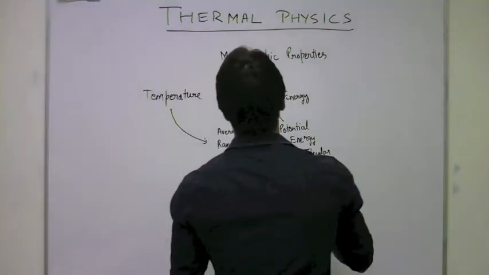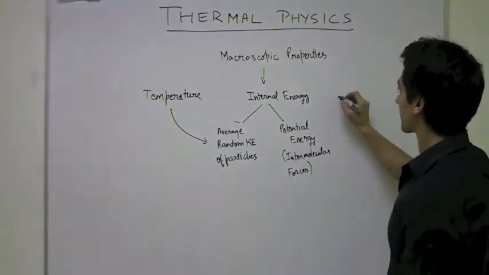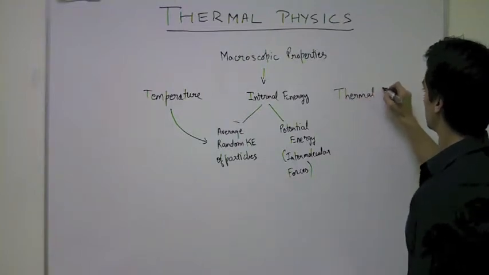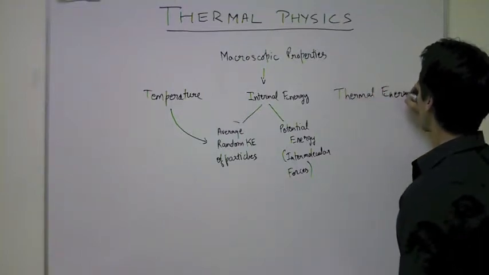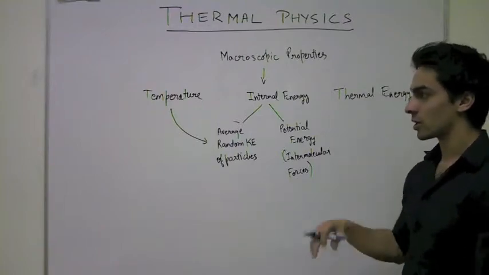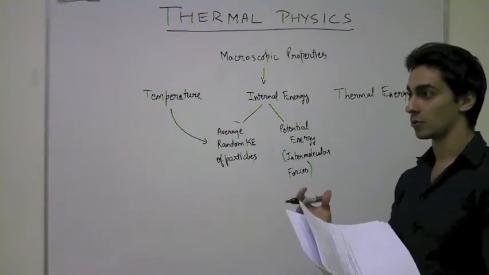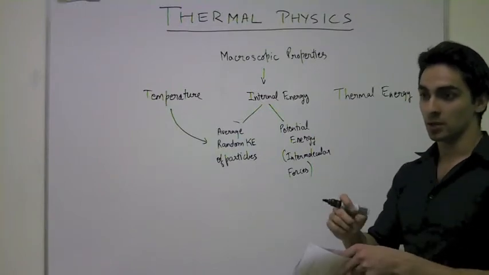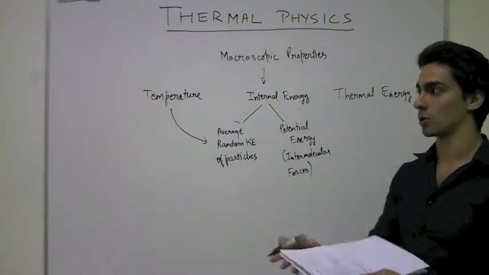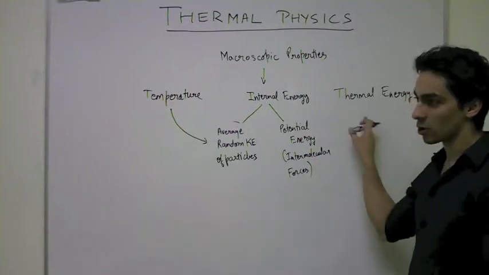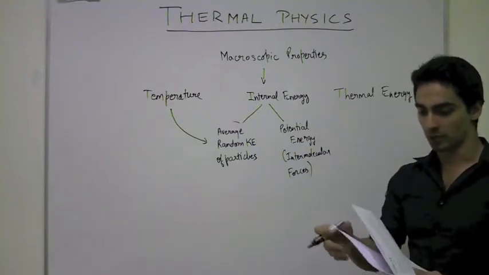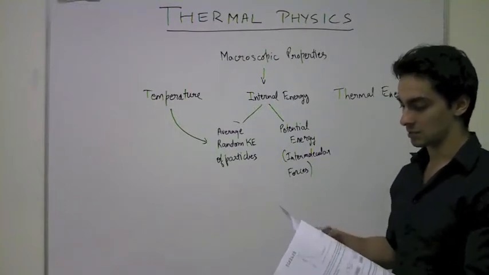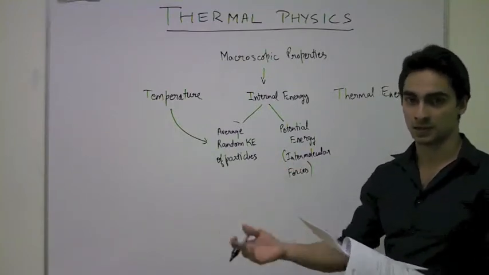The third macroscopic property is thermal energy. Thermal energy refers to the transfer of heat via non-mechanical actions between two bodies. So basically the flow of heat from a hot body to a cold body. So it's incorrect to talk about the thermal energy of a particular object, but you'd rather talk about thermal energy in situations where you're talking about heat transfer.